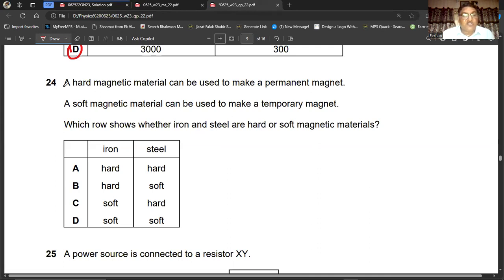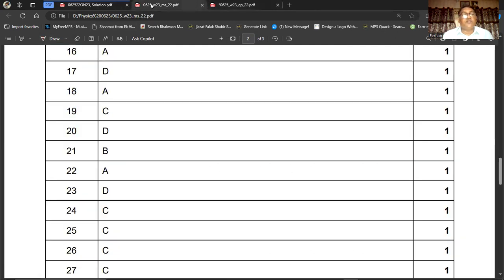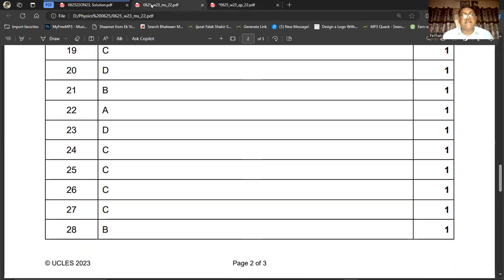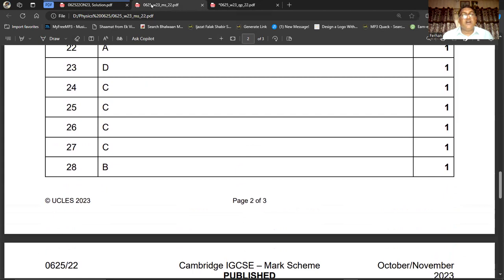Soft magnetic material can be easily demagnetized. Hard magnetic material retains its magnetic properties for a very long time. So I think C is the option for question number 24. Yes, sir, C is the right option.